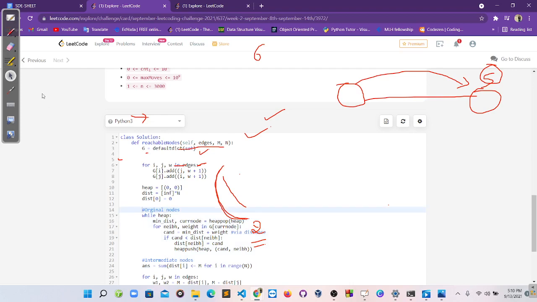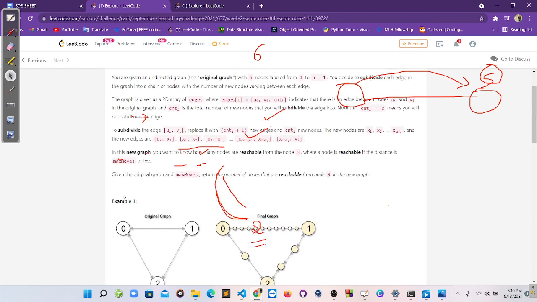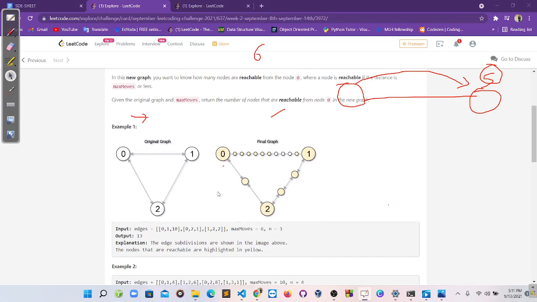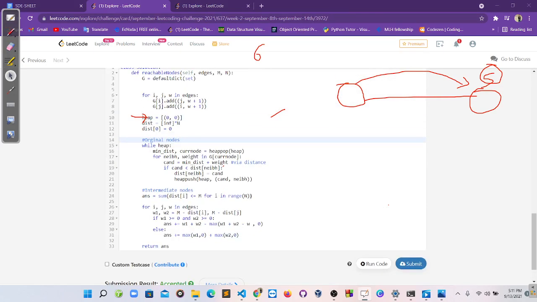We don't talk about the smaller nodes within that. Now we have to check if there are any remaining moves present at some node. We also have to explore it and increment our answer. Okay, I think you get it. Till there we only work for the original graph that we have. After that we are checking at some node.